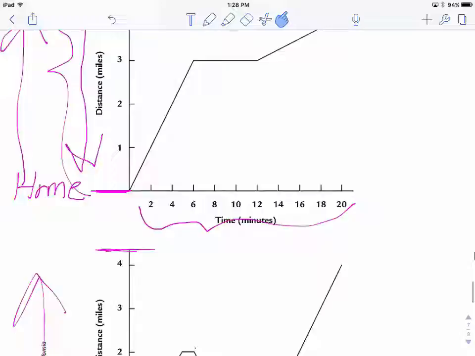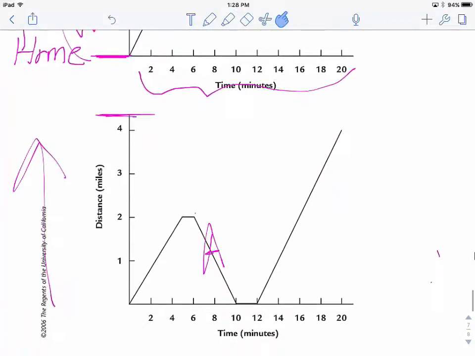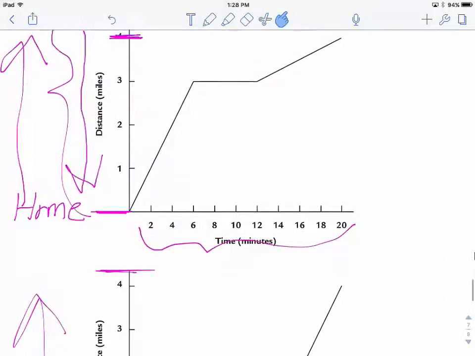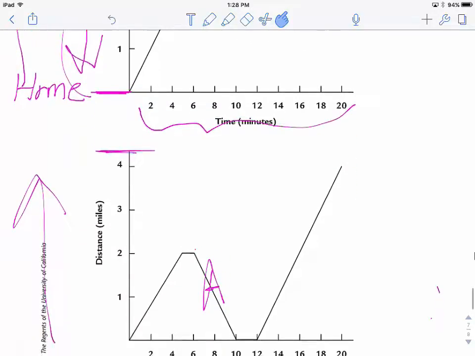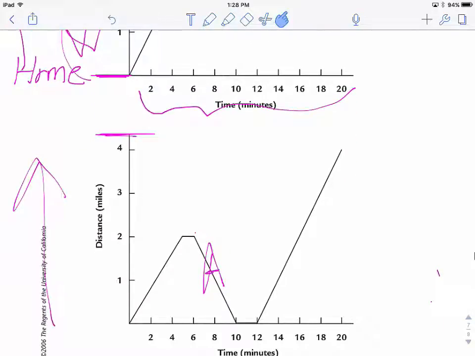So which one of these lines goes 4 miles in 8 minutes? Everybody needs to be looking. Don't just assume your neighbor's going to figure it out. But pretty soon you're going to do the rest of this by yourself. 4 miles, 8 minutes. I should see everybody's hands pretty quickly.